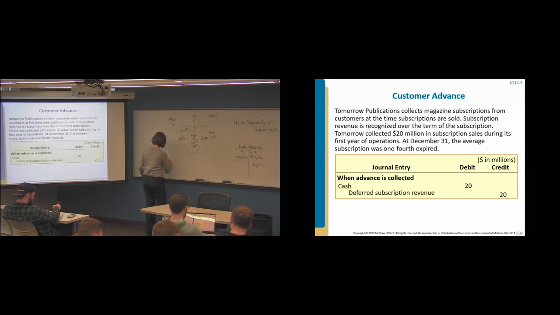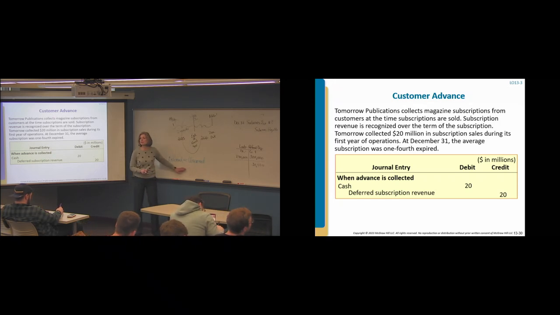Deferred. What are you deferring? Deferring recording it as revenue until it's what? Earned. So I tend to use both of these terms interchangeably, right? So if I called that unearned subscription revenue, it's the same as deferred subscription revenue. They mean the same thing, okay?